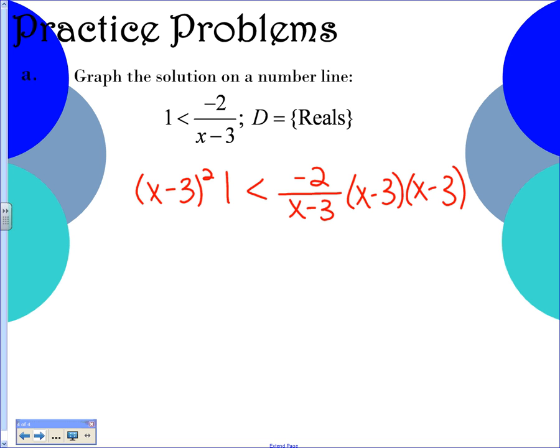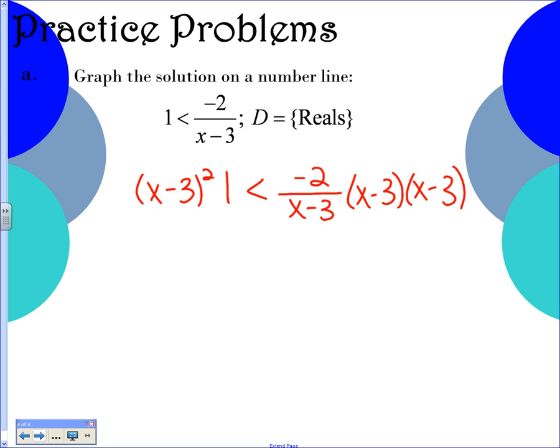You always want to square it. Even if it was x plus 1, if x was negative 10, that'd be a negative number. So yeah, you always want to multiply by a squared. So over here, I do it as x minus 3 times x minus 3 instead of x minus 3 squared, just so that you can see what's about to happen.